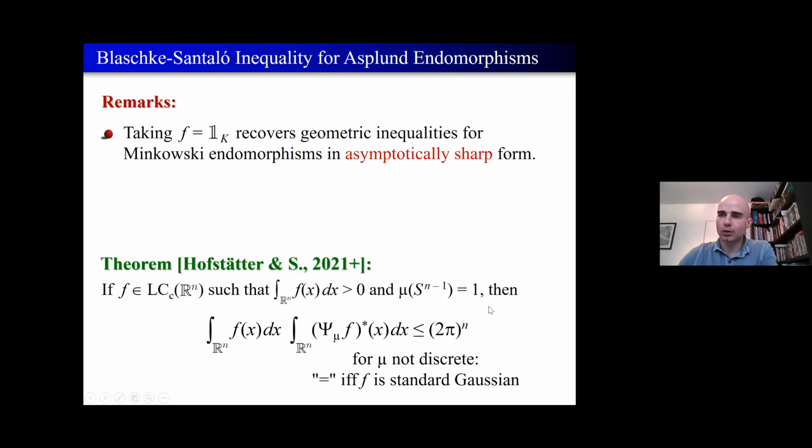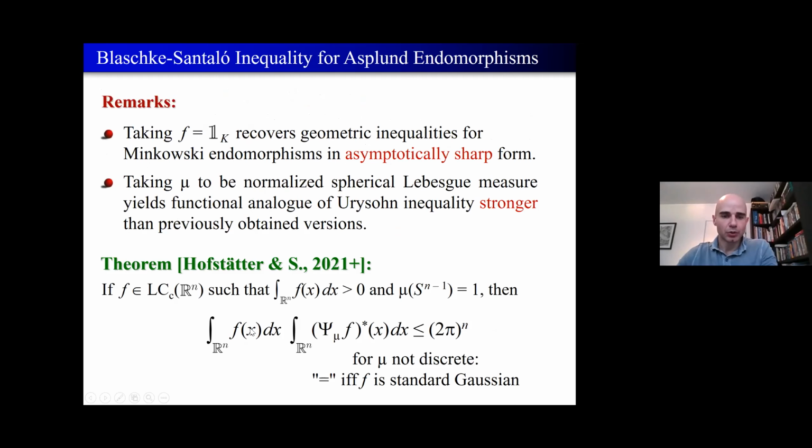And two more small remarks, and then I'm done. If you plug in indicators here, you get the geometric inequalities for Minkowski endomorphisms in an asymptotically sharp form. If you take mu, the measure that generates the Asplund endomorphism, to be normalized spherical Lebesgue measure, this will give you a functional analog of the Urysohn inequality, a new one, which is stronger than the previously obtained versions.